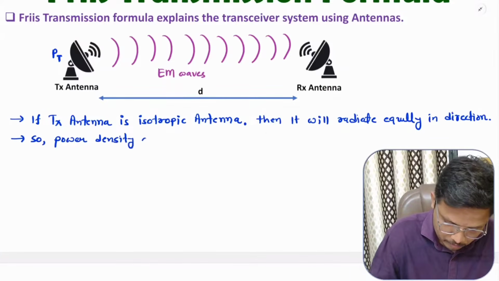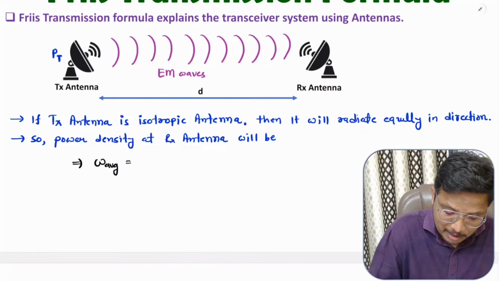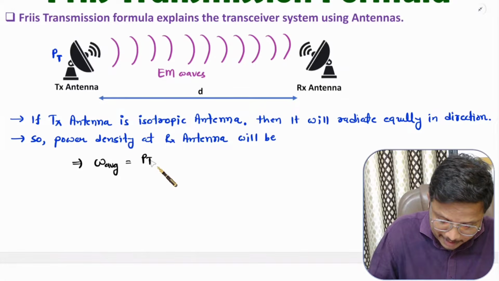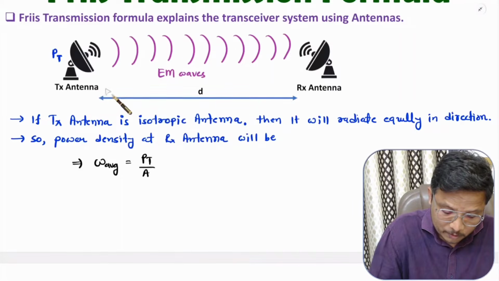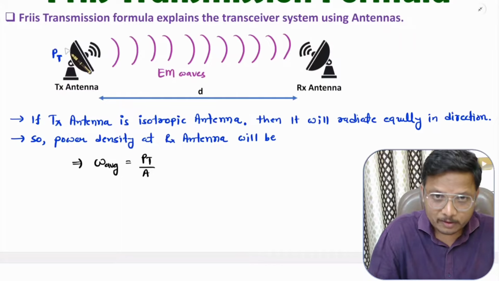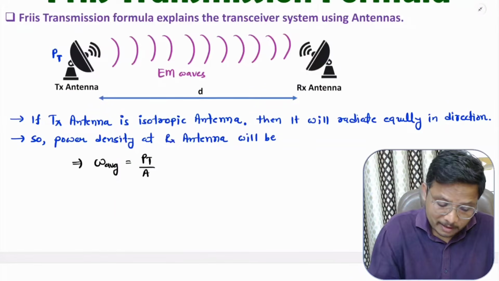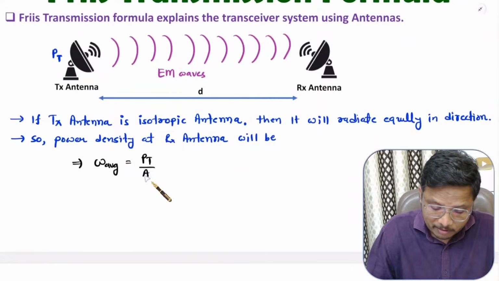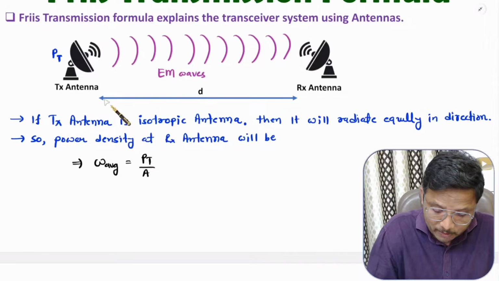Since we are considering an isotropic source, equal power is radiated in all directions, so the radiation pattern will be a sphere. The area of the sphere is 4 pi times the square of the distance.